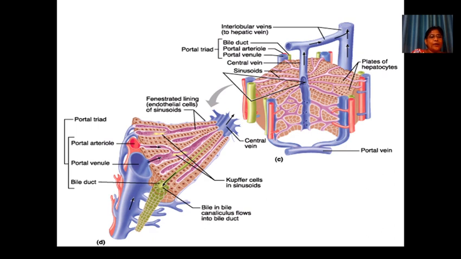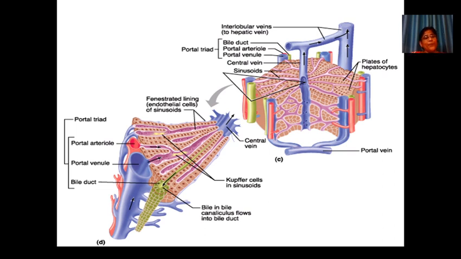So the portal venule or portal vein, the hepatic artery and the bile duct: these three form the portal triad.